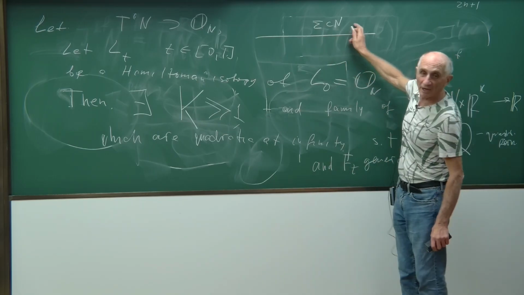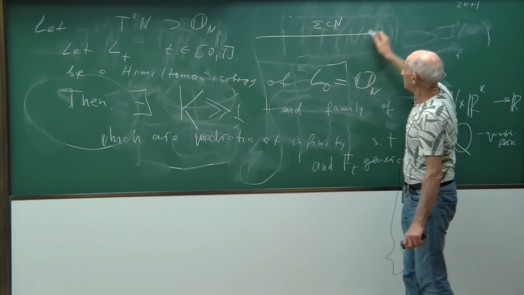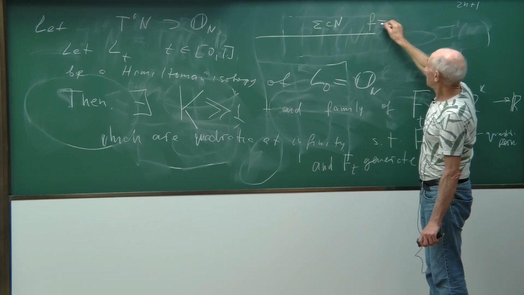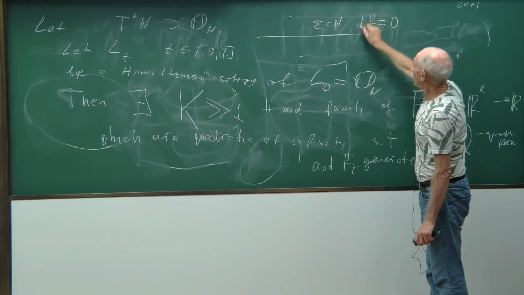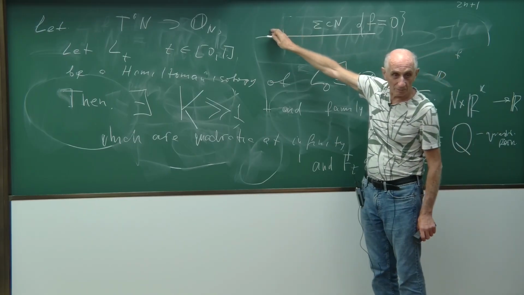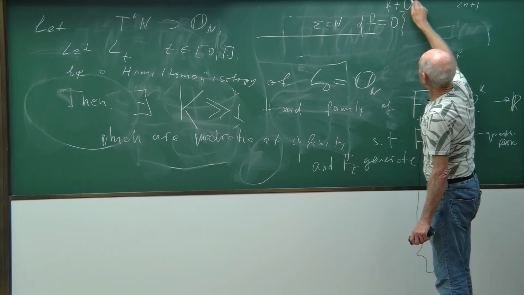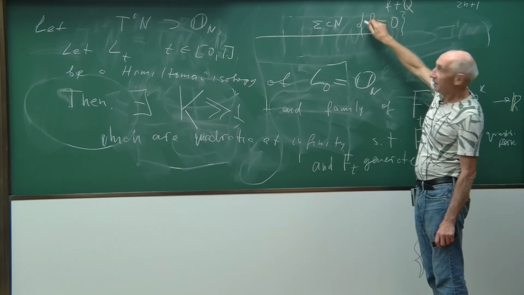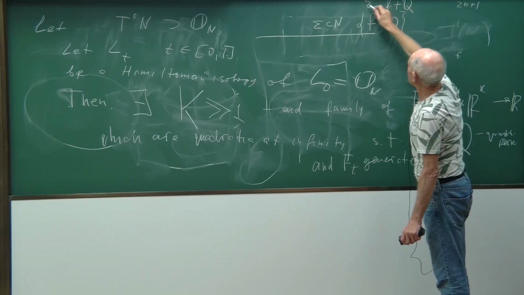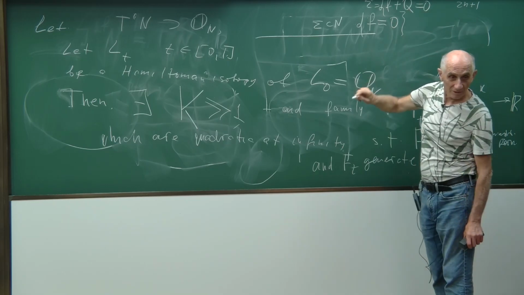So Sigma divides N. So you have a dividing hypersurface, and this dividing hypersurface is given by some equation f equal to 0, where f is some function on the manifold. Then you can stabilize this function and write the stabilized hypersurface, f plus q equal to 0.